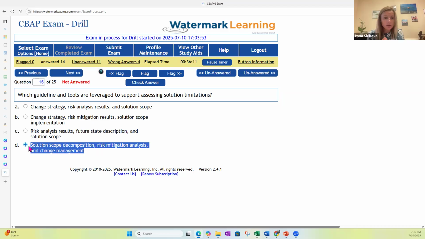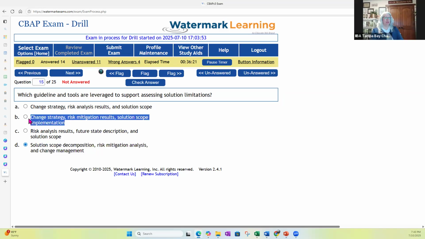Risk analysis results and solution scope implementation. Solution scope implementation sounds weird. Yeah, it does. I think it's C. It's either C or A, but between them, I'm hesitating. First, assessing a solution. Let's talk through this.